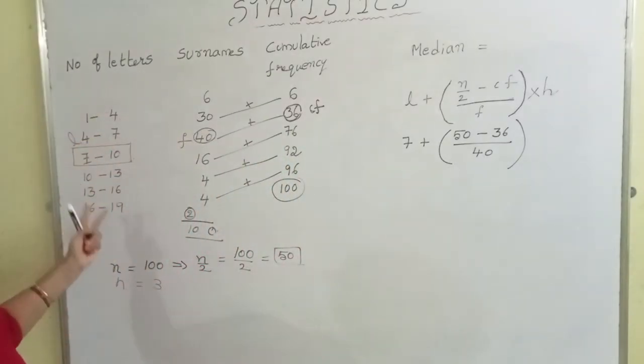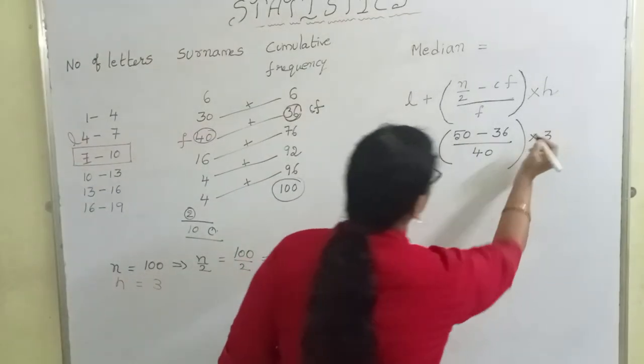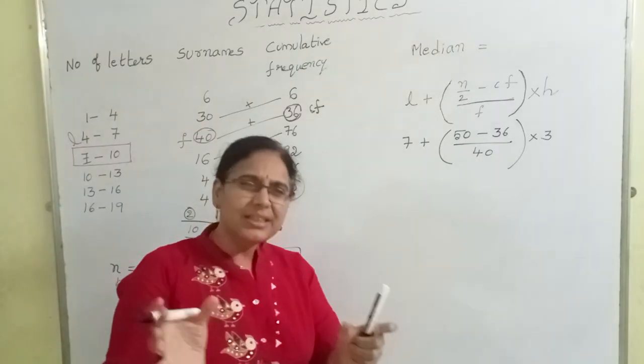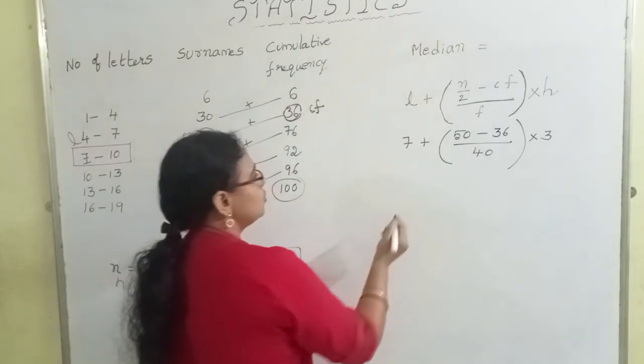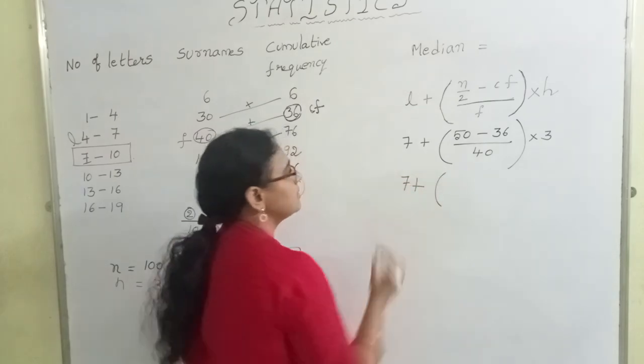Whatever class interval you are taking, surely you will get it equal. If it is not equal, then you have to do some more work which is required to make the differences equal. So L is 7, plus 50 minus 36.